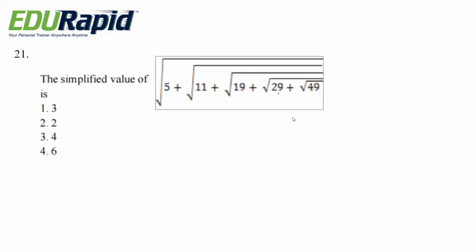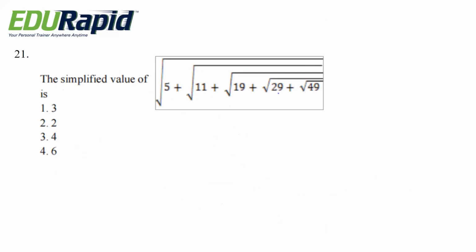Next question. The simplified value of square root of 5 plus square root of 11 plus square root of 19 plus square root of 29 plus square root of 49. Options are 3, 2, 4, 6.